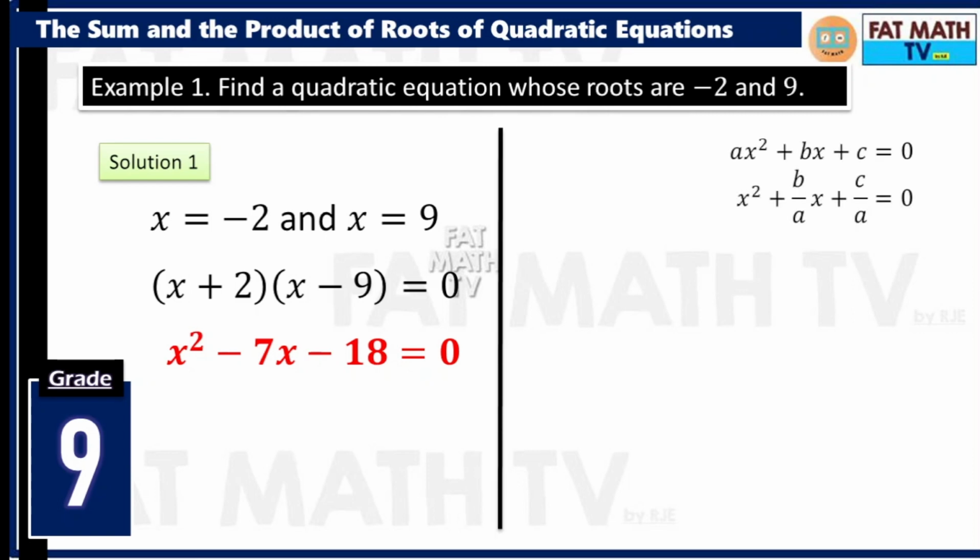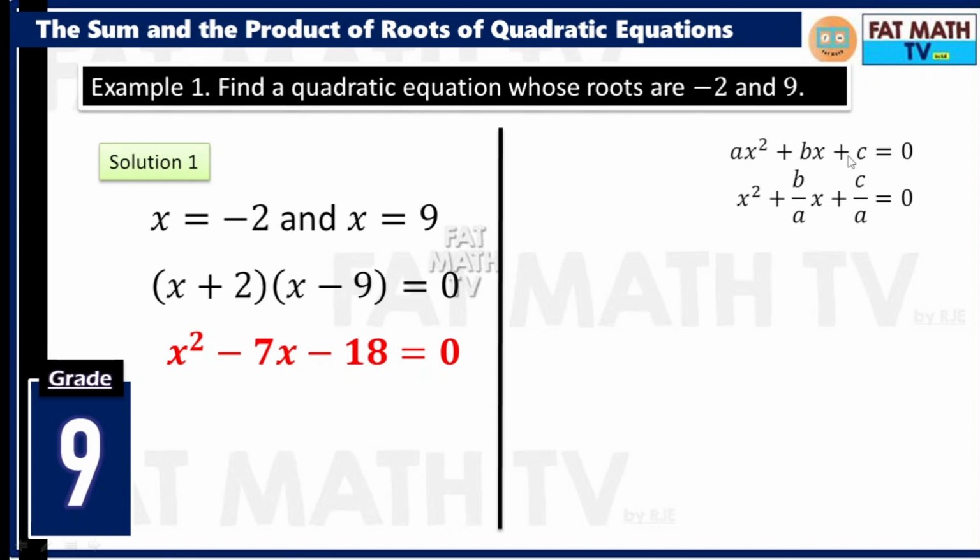Or if you can recall, ax squared plus bx plus c equals 0 is the standard form of the quadratic equation. And if you divide both sides of the equation by a, divide ax squared by a, you will get x squared. Divide bx by a, you will have b over a x.